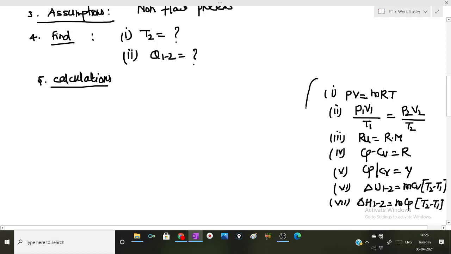Now let us see which formula or formulae I am going to use.